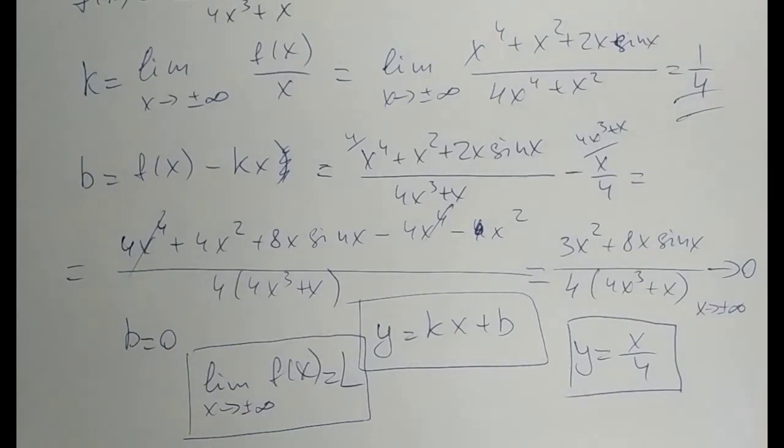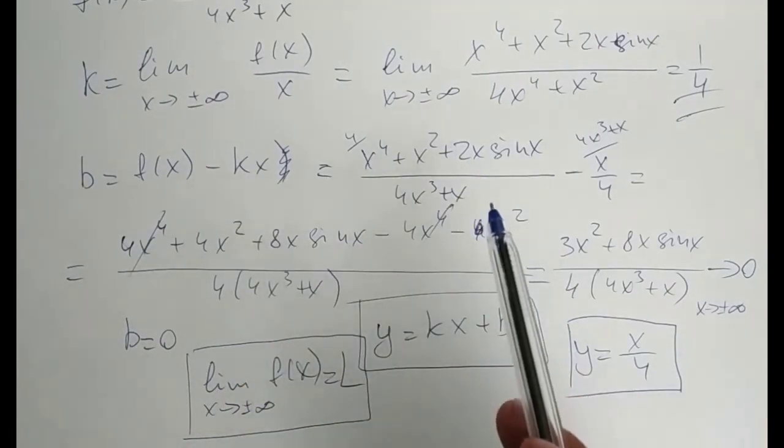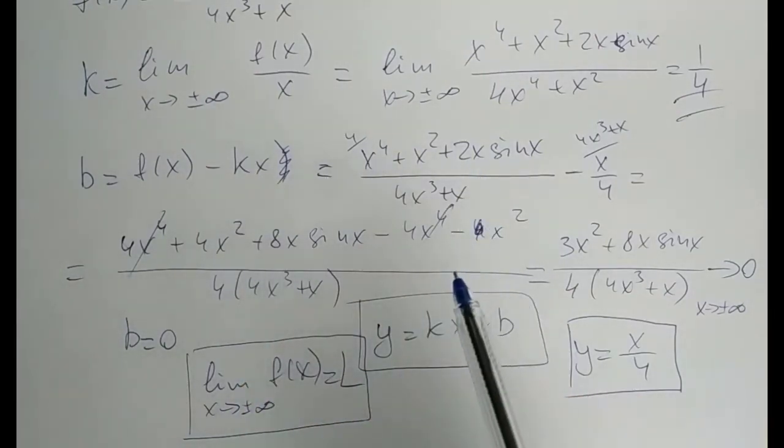In this case, we don't have any horizontal asymptote because the limit of f of x as x tends to plus infinity is infinity. That's why we don't have any horizontal asymptotes in this example. And in previous ones also, we don't have horizontal asymptotes.